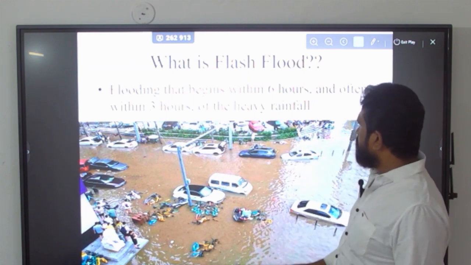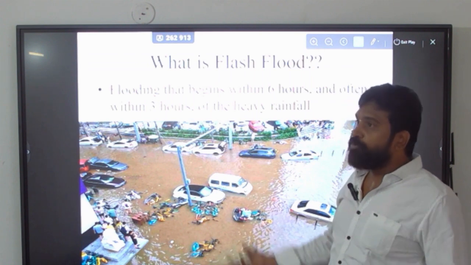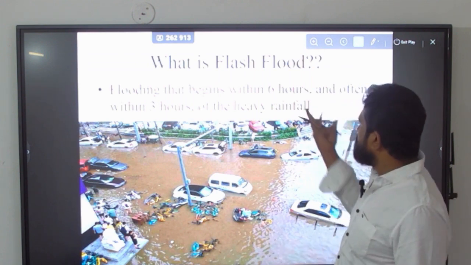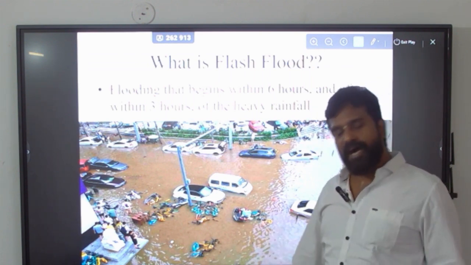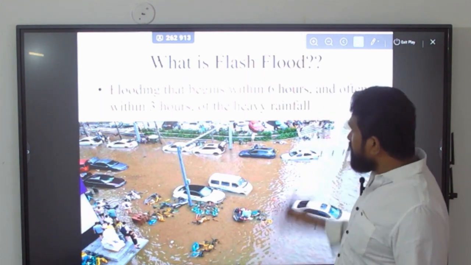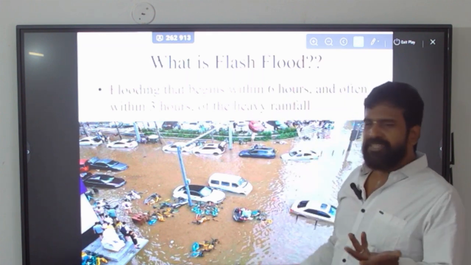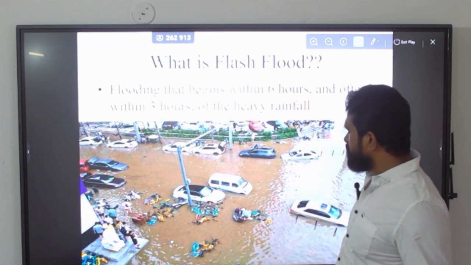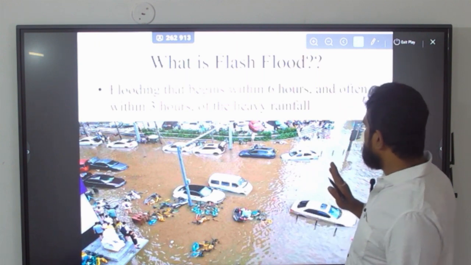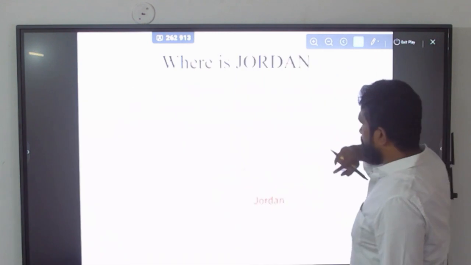You see this, maybe too much rain, that is cloud burst, may happen within 6 hours or within 3 hours or maybe within 1.5 hours whatsoever. There is a heavy rainfall, but geographically they can say within 6 hours or within 3 hours when a heavy rainfall is there. So you will be getting a flash flood. So this is the flash flood.